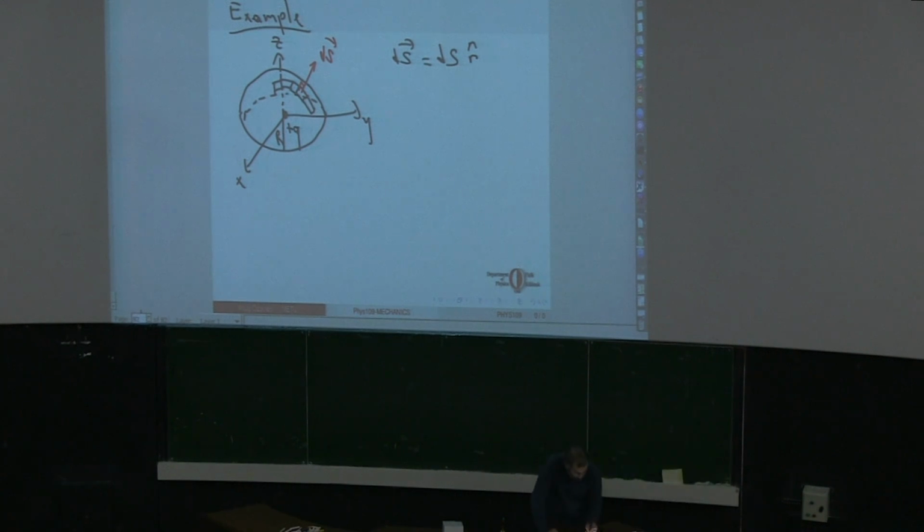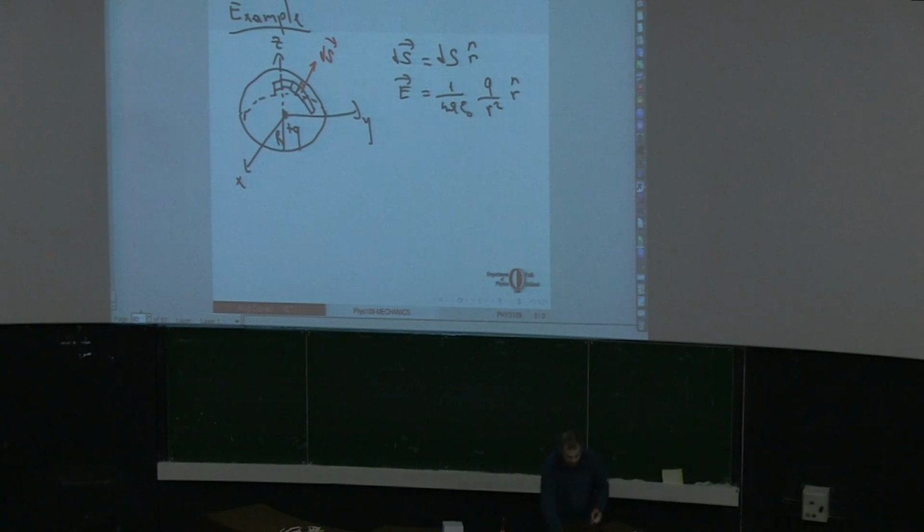Now we have also studied the electric field of the point charge, and we know that the electric field of the point charge is 1 over 4 pi epsilon 0 q over r squared in the r hat direction. It's also radially outward. So although this ds vector is changing at every point on the surface of the sphere, it is always pointing in the same direction as the electric field.